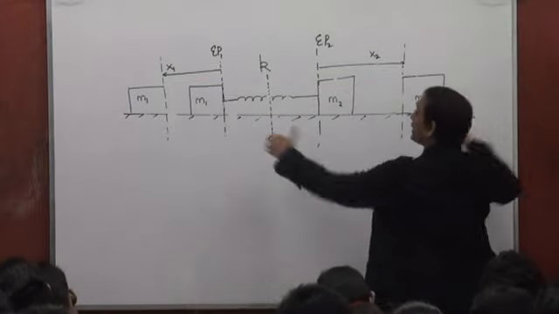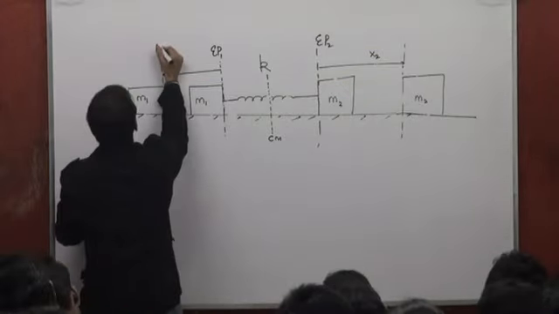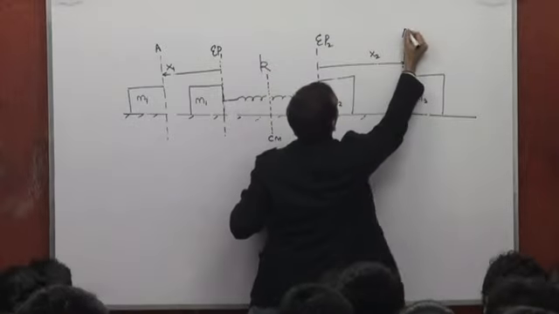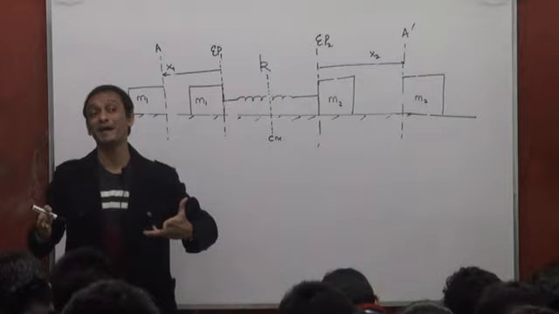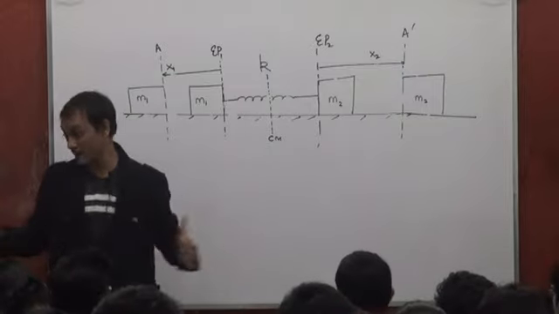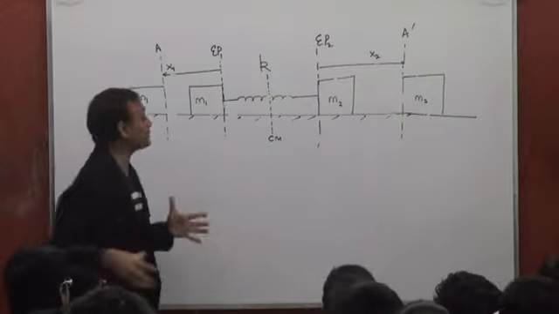In a state of this kind, call it the state AA prime, the spring would have elongated by an amount x1 plus x2.